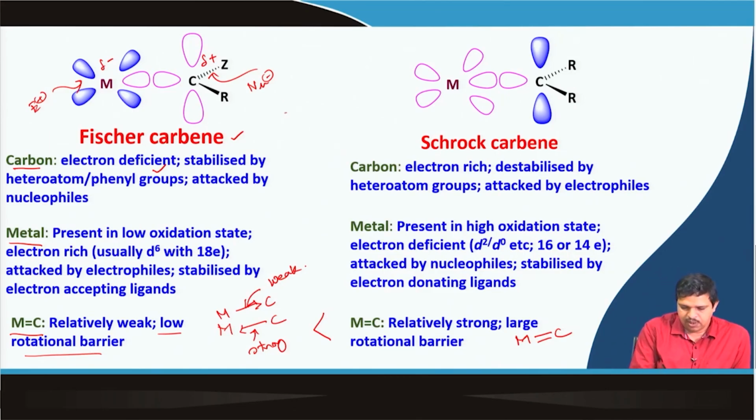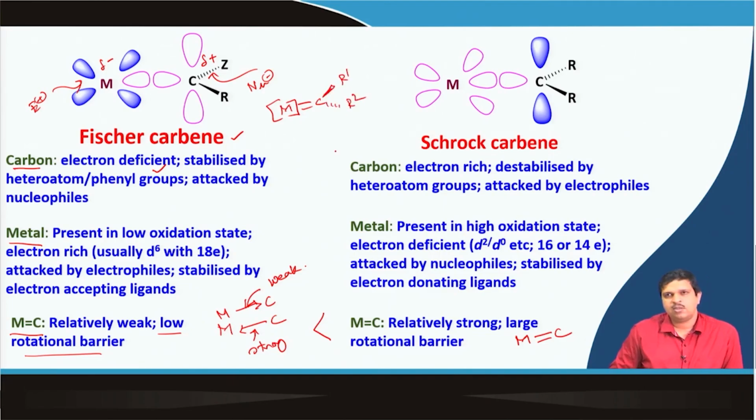That means if you have R1 and R2 like this, they can exchange, because the metal-carbon bond rotation is easy. But for Schrock carbene it is not possible. So here it is exactly the reverse of the Fischer carbene.